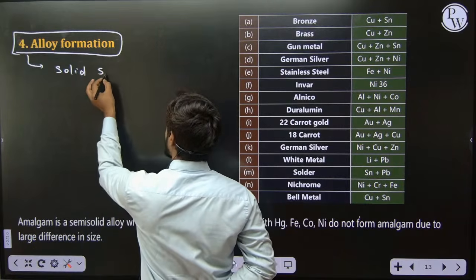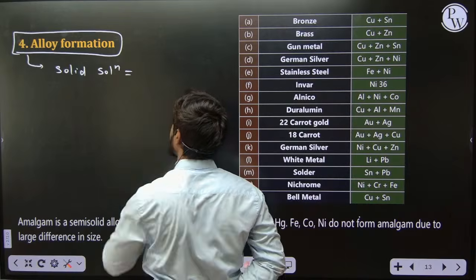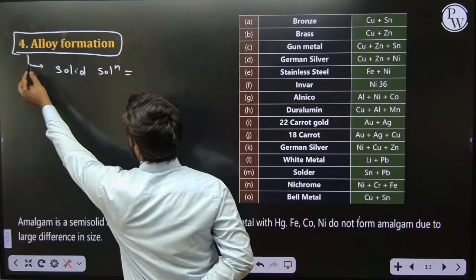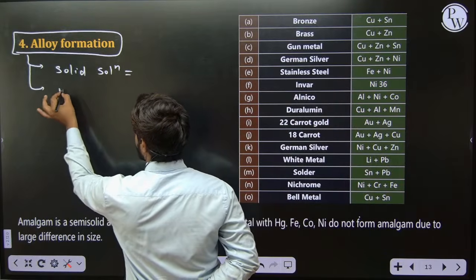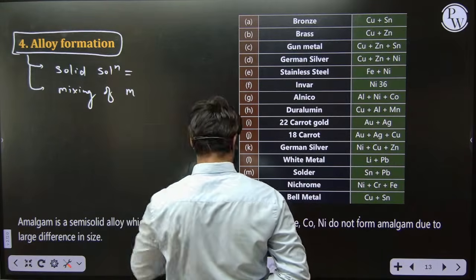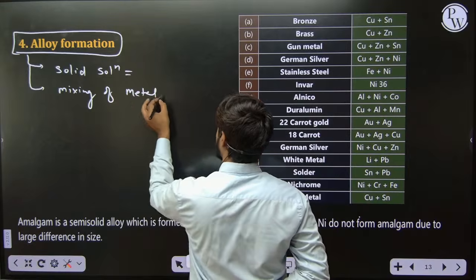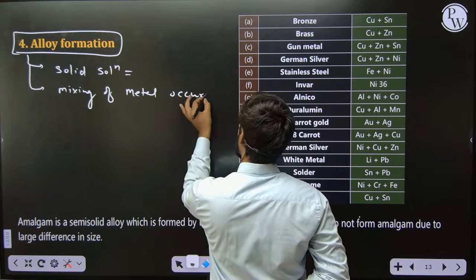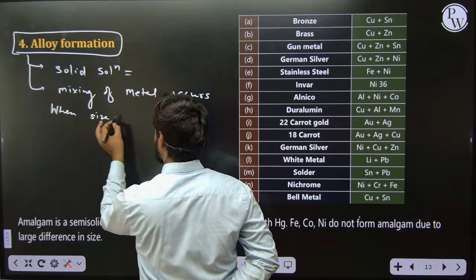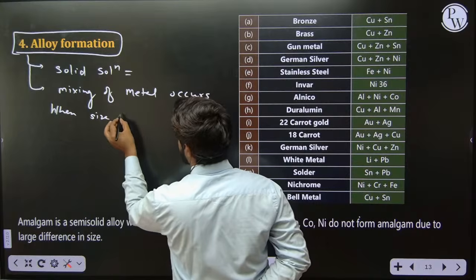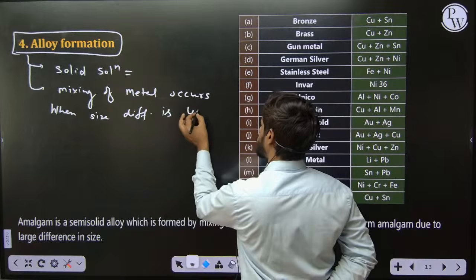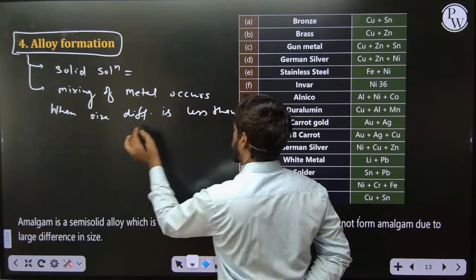So it is a solid solution which forms a homogeneous mixture, and in this case they can be mixed only... Mixing of metals occurs when the size difference is less than 15%.